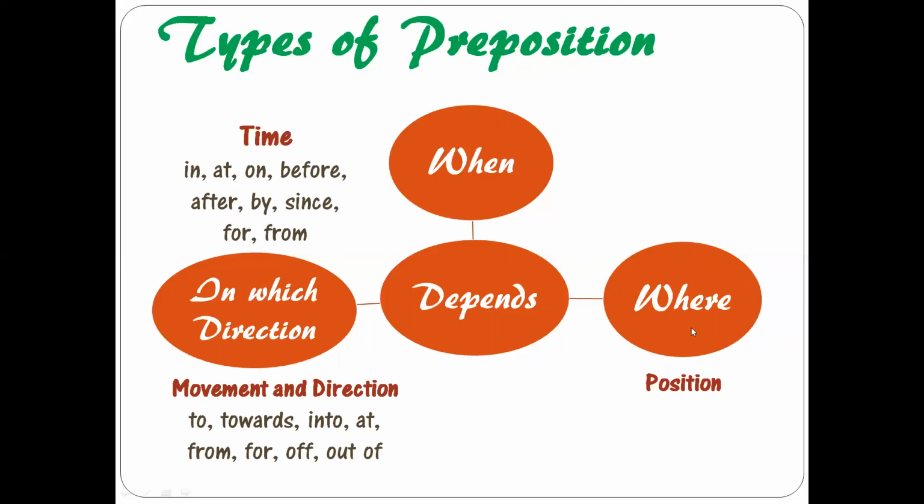So we have prepositions like under, above, in, on, etc. to tell about the position, that is, where a noun is placed. So the preposition of position answers the question where. We have many more in these categories; there are only a few that I have listed down.